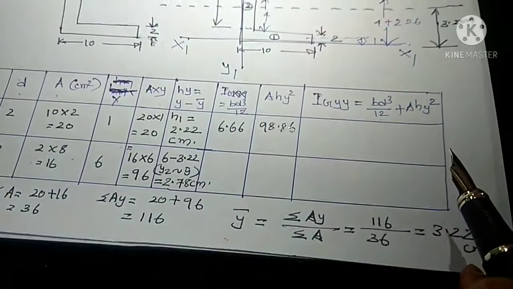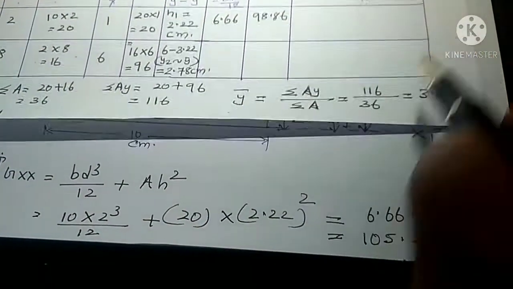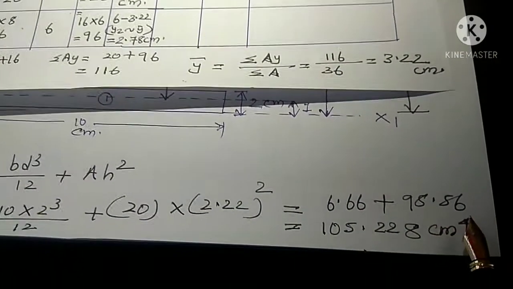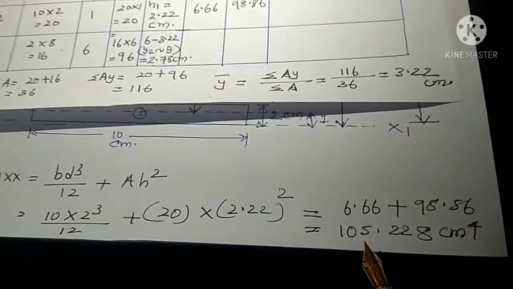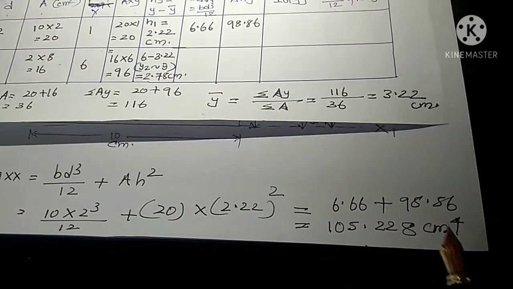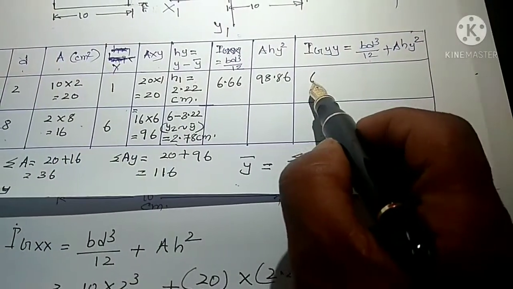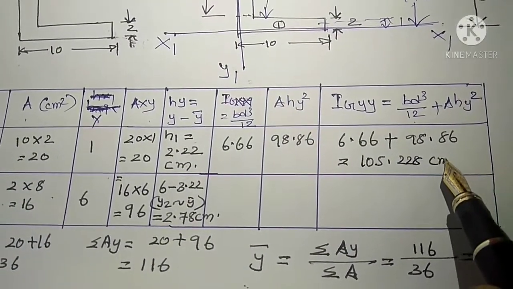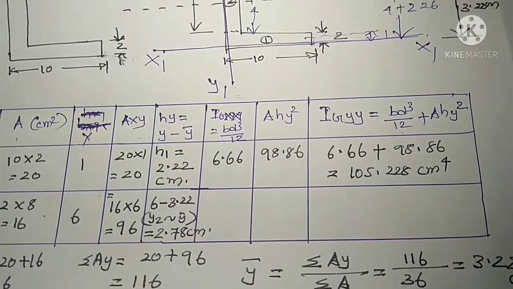Here you will get 6.66 plus 98.86, which is equal to 105.228 centimeter raised to 4.